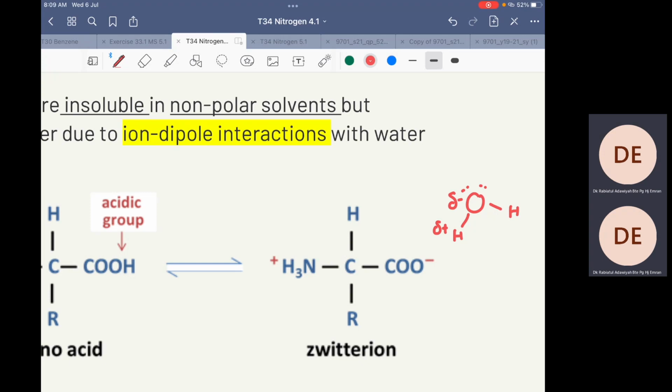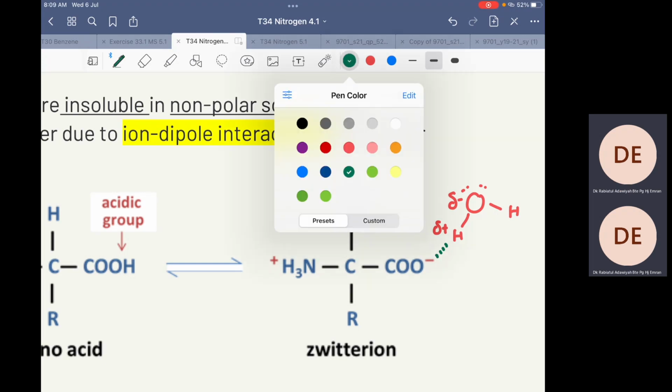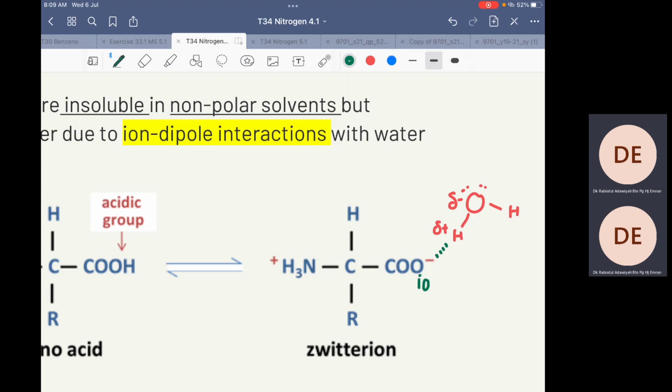So imagine this is the solubility interaction. The attraction is between the slightly positive hydrogen and the fully negatively charged COO minus. This interaction is called ion, because COO minus is an ion with a full negative charge, and this is called dipole. So that's why you have an ion dipole interaction.